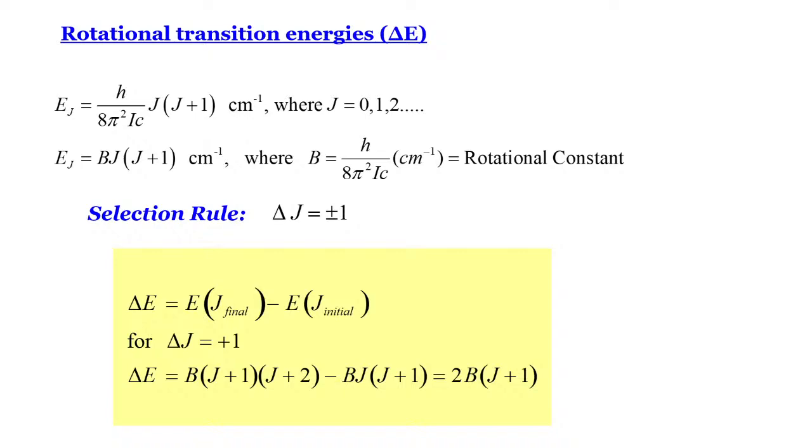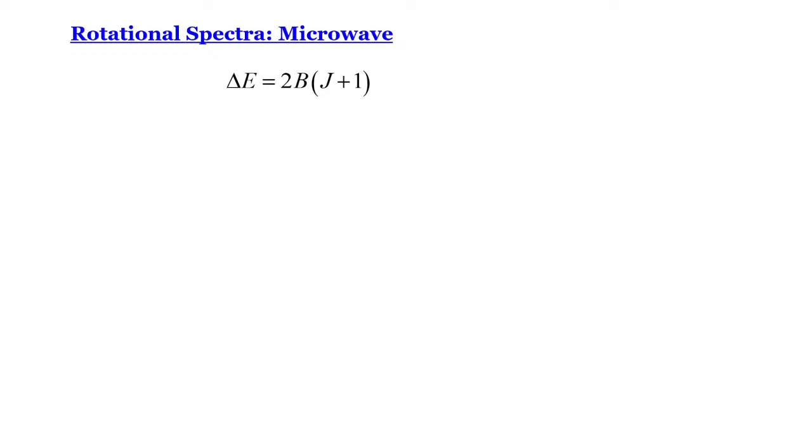It's very easy to calculate the energy associated with it. In terms of centimeter inverse, it turns out to be 2B into J plus 1 for a J to J plus 1 transition, where B is given by h by 8 pi square IC, and it's called the rotational constant.